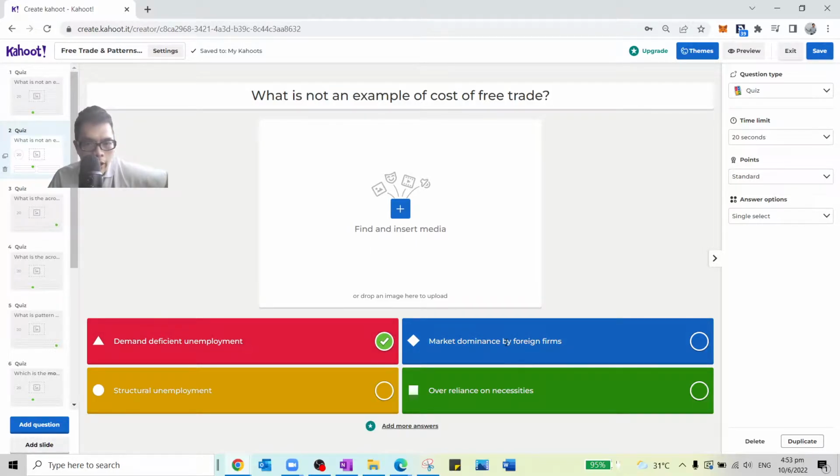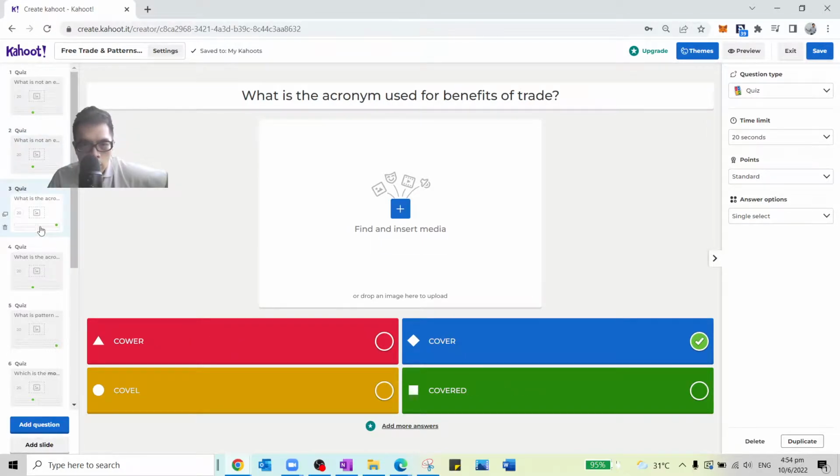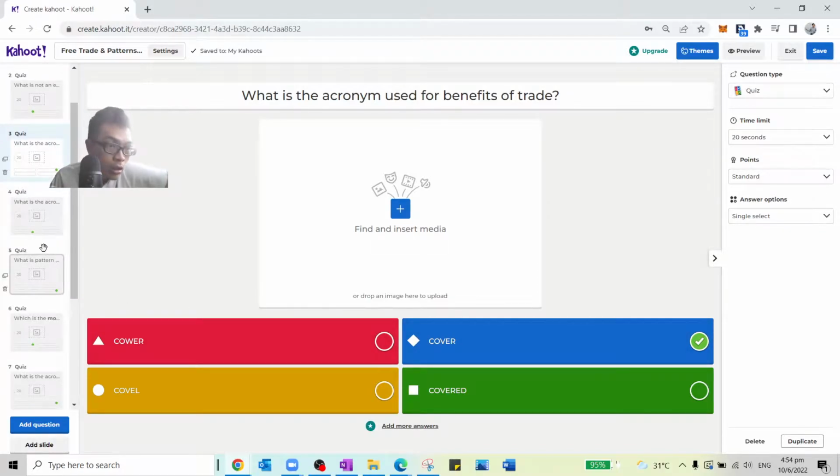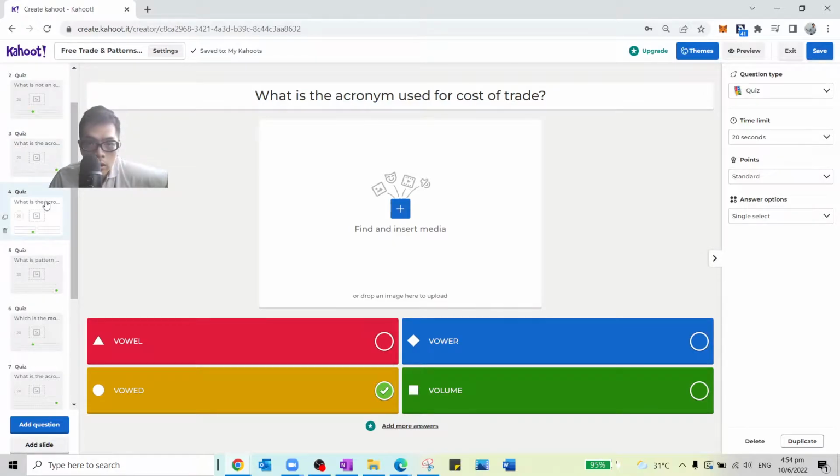Like I said, COVER and VALT are just frameworks to help you better understand and learn the concept, but there are definitely other factors on top of COVER and VALT that affect the benefits and costs of trade. Now, what is the acronym used? COVER. I don't think I used any other. This is question 4, right? And VALT. Someone chose VOWEL. I don't know what. Is it fat fingers or what? I think you know better.